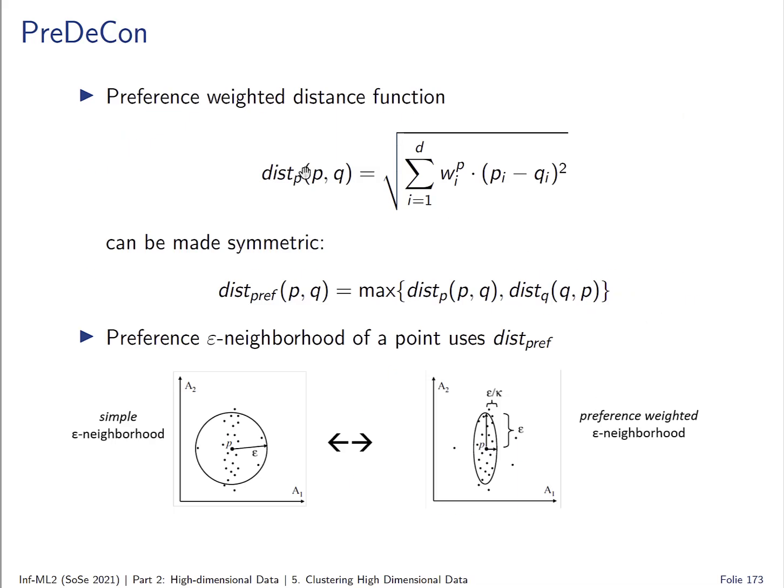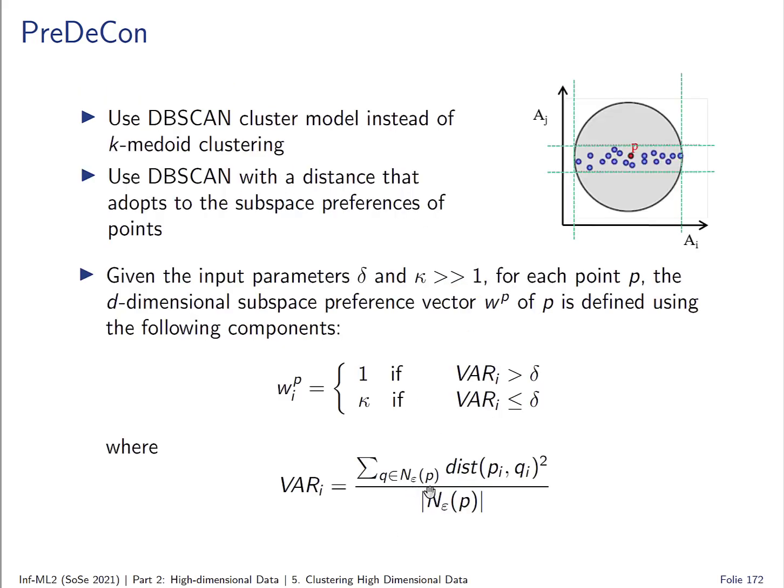Now, we can use this weighting vector to define a weighted distance function. We just use this weighting vector in the Euclidean distance function. The only problem is that this distance function is not symmetric, because the weighting vector is specific to a point. I should have said that we look into the epsilon neighborhood of points in order to analyze the variance of the epsilon neighbors.